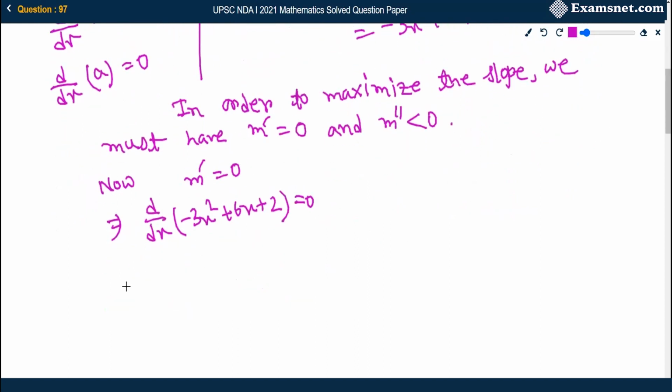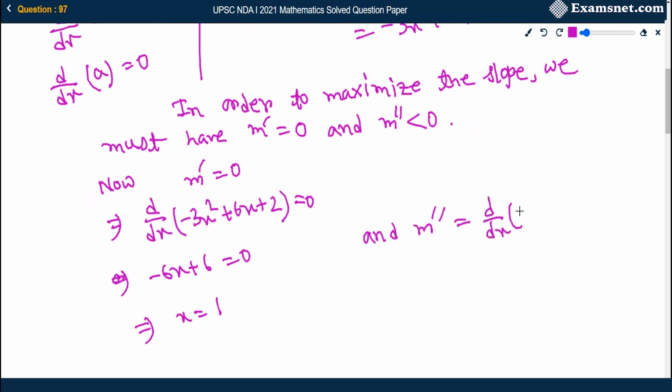So from this equation, we get minus 6x plus 6 equals 0. Here, x equals 1. Okay. And also, if we check m double dash, d/dx of minus 6x plus 6, that is minus 6, less than 0.